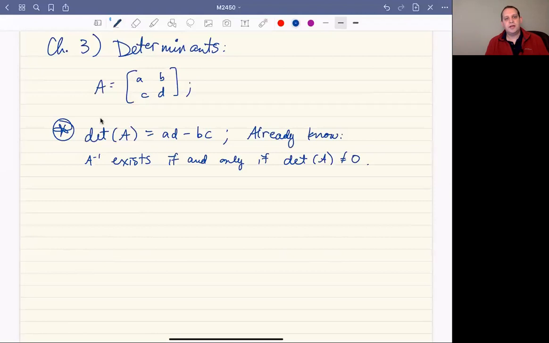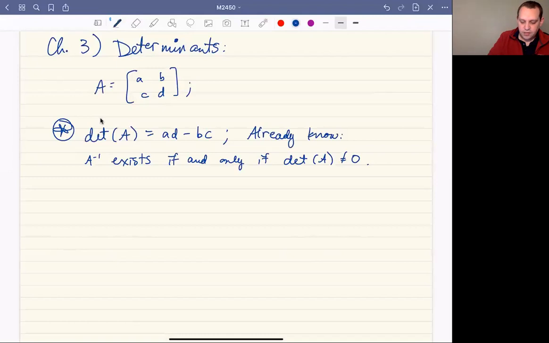What I want to do is take one step up and talk about determinants of 3 by 3 matrices. And to do this, we need to do a few things. There will be a few steps in this process, but first I just want to describe how to find the determinant of a 3 by 3 matrix, and then we'll have some nuances.